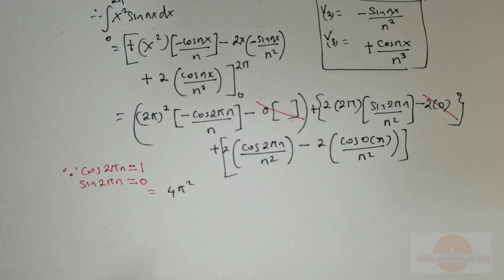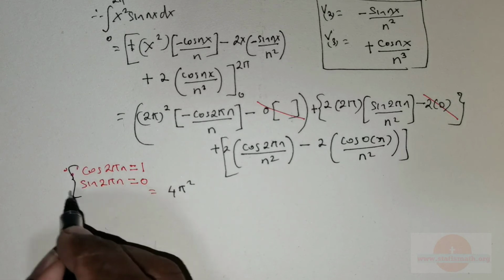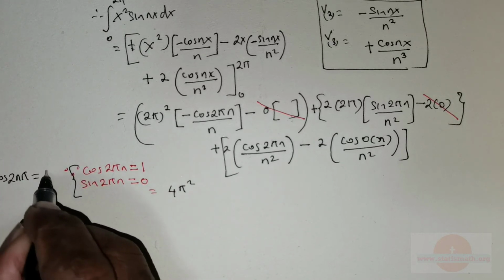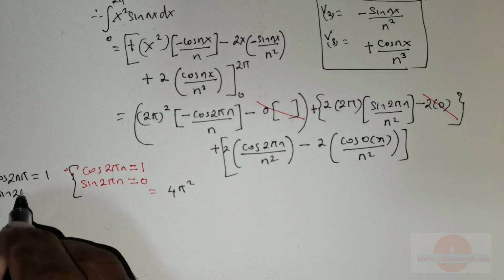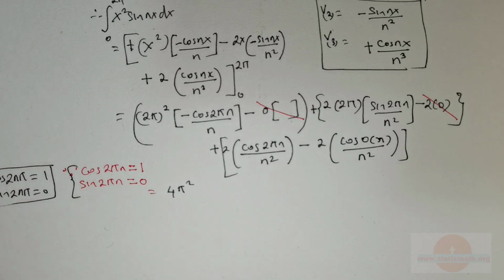You can either write it as cos 2 pi n, or you can also rewrite it like this, cos of 2n pi is equal to 1, sine of 2n pi is equal to 0. So depending on your convenience.